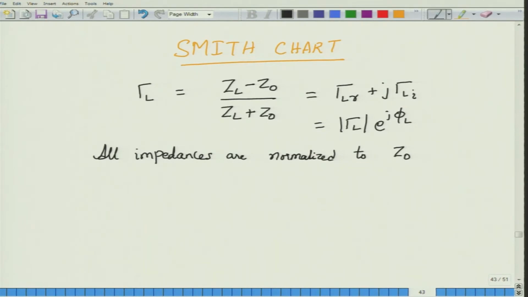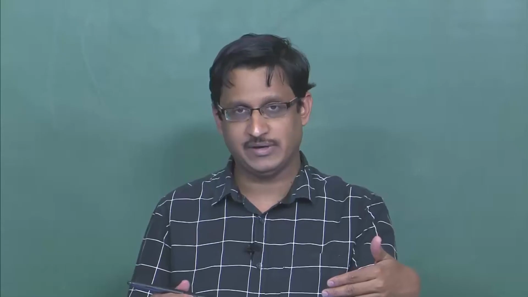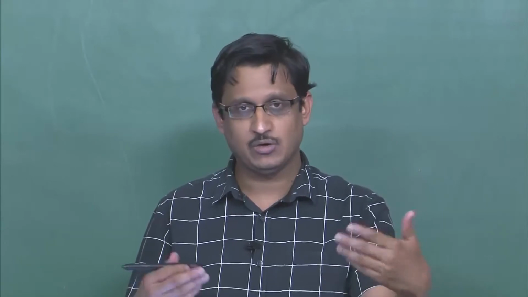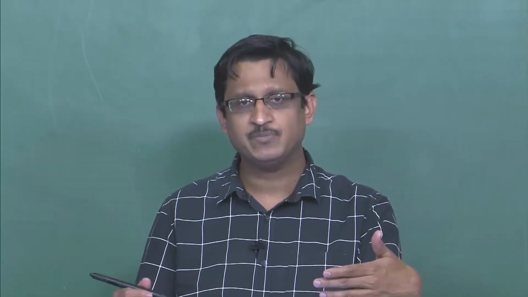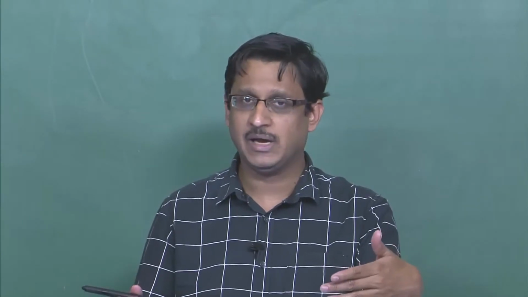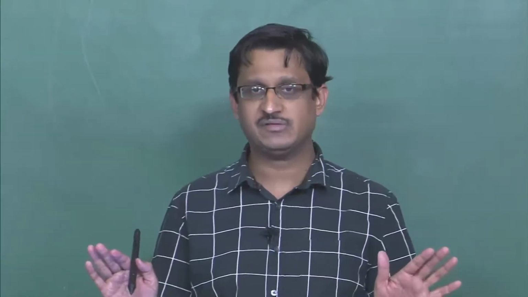If you were to put down the real values of ZL or the line impedance at any point, you would need a large number of Smith charts, because if you start changing the characteristic impedance by employing different transmission lines, then you need different Smith charts.